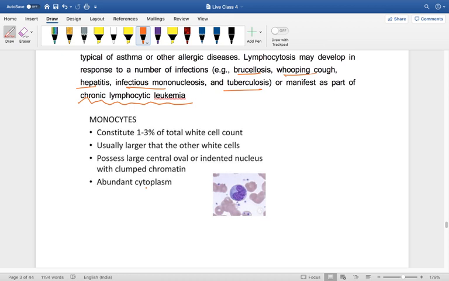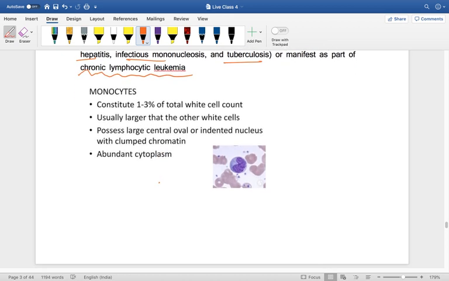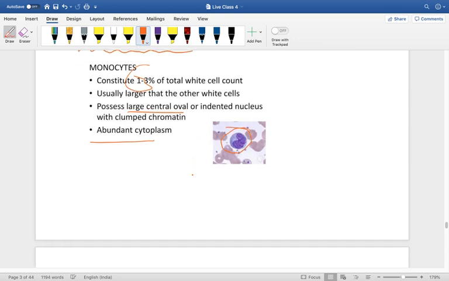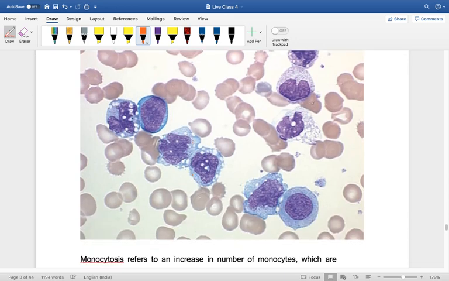Now, doctor, monocytes. Typically, monocytes are 1 to 3% of the total WBC count. They have abundant cytoplasm and a large central oval indented nucleus. That is monocytes. They are larger than the other WBCs. You can see the indented nucleus, that is monocytosis.